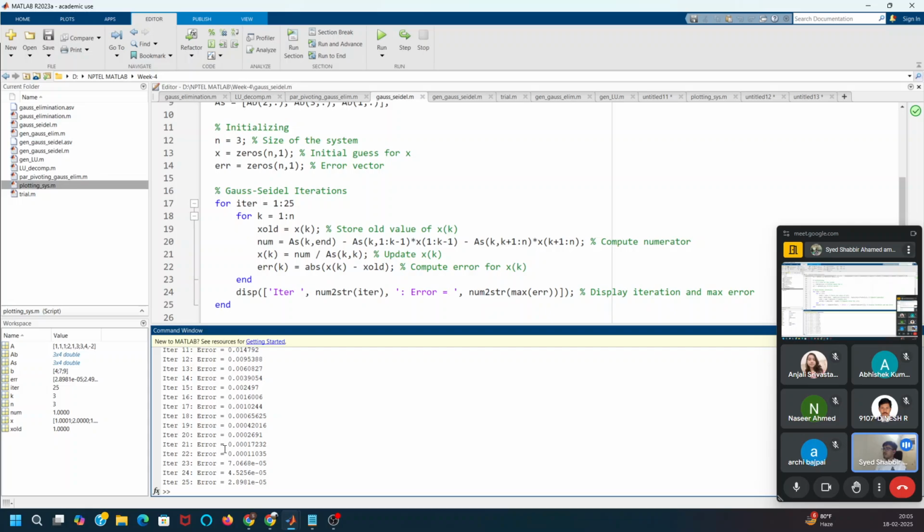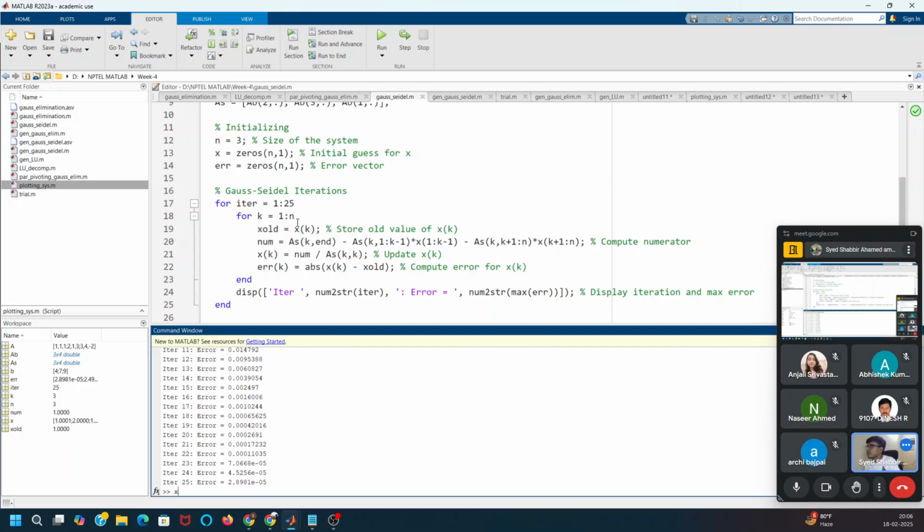Instead of unnecessarily doing a lot of iterations, I can stop it somewhere below some convergence criteria. Let's say if my error is going below this value, I can say, okay, get out of this loop and give me the solution.